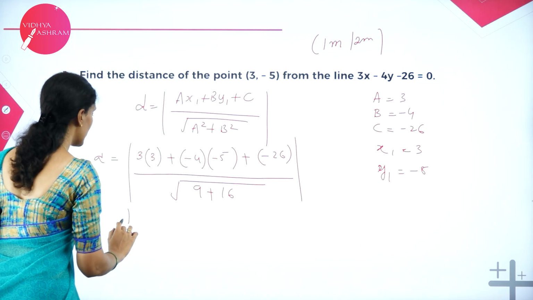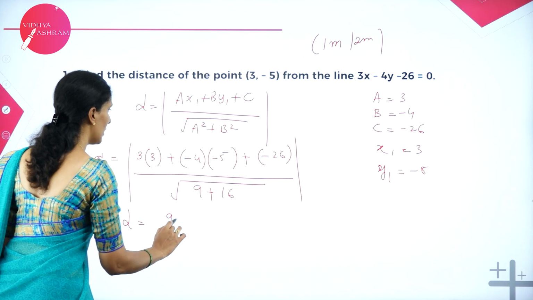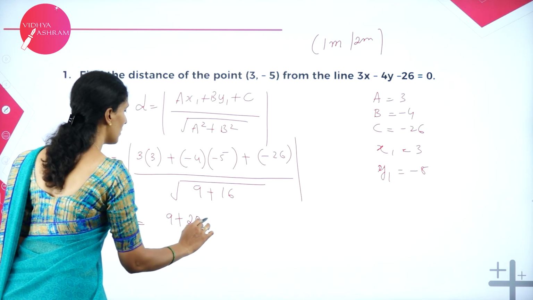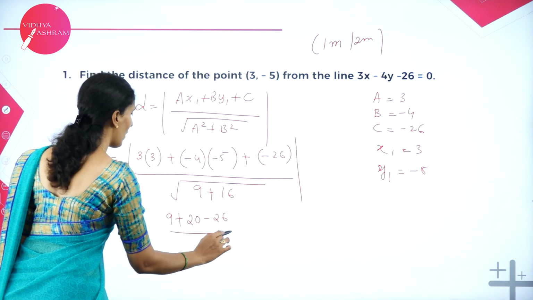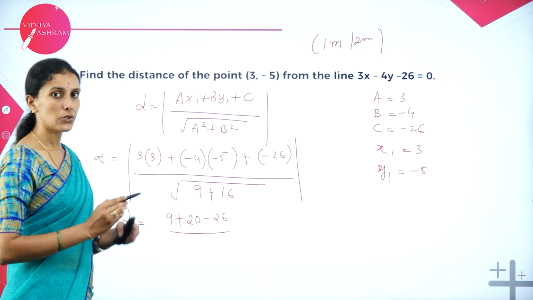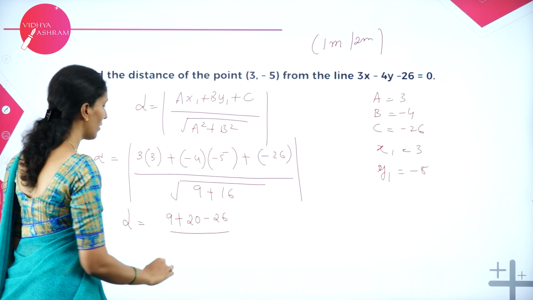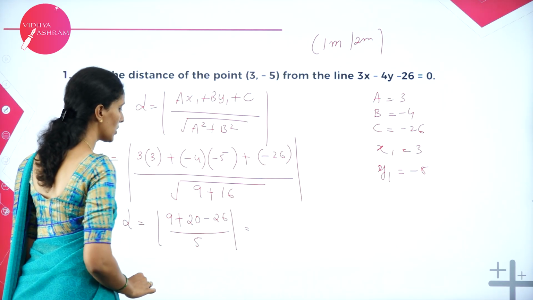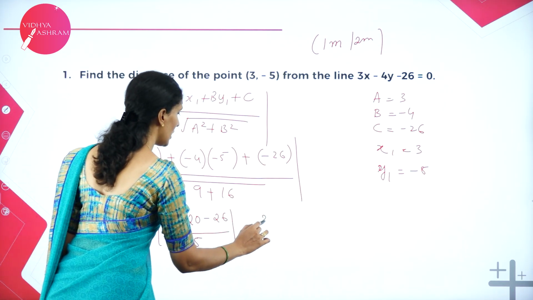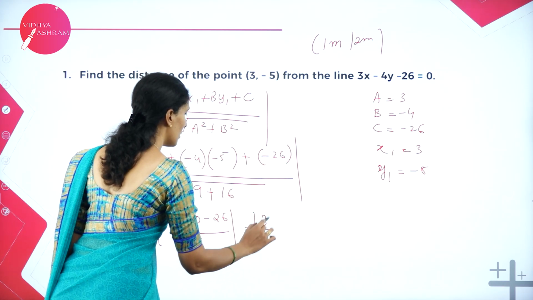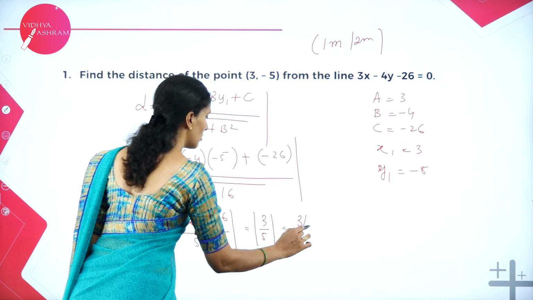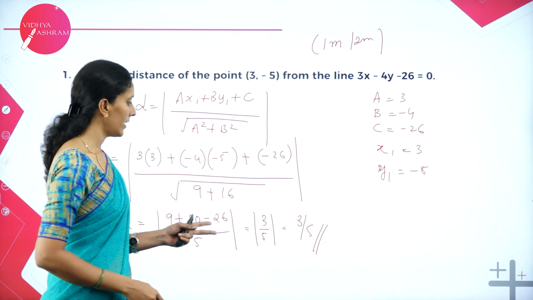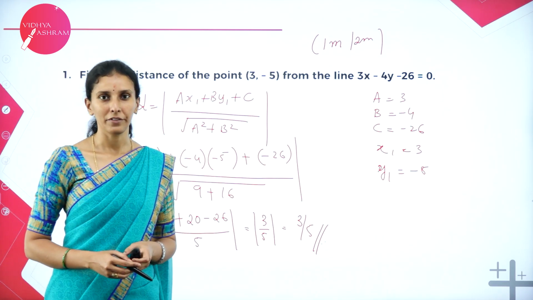Now, D is equal to 9 plus 20 minus 26 divided by square root of 9 plus 16, which is 25. Square root of 25 is 5. And here we have modulus of 29 minus 26. That is 3 by 5. And the modulus of 3 by 5 is 3 by 5. So distance is equal to 3 by 5.